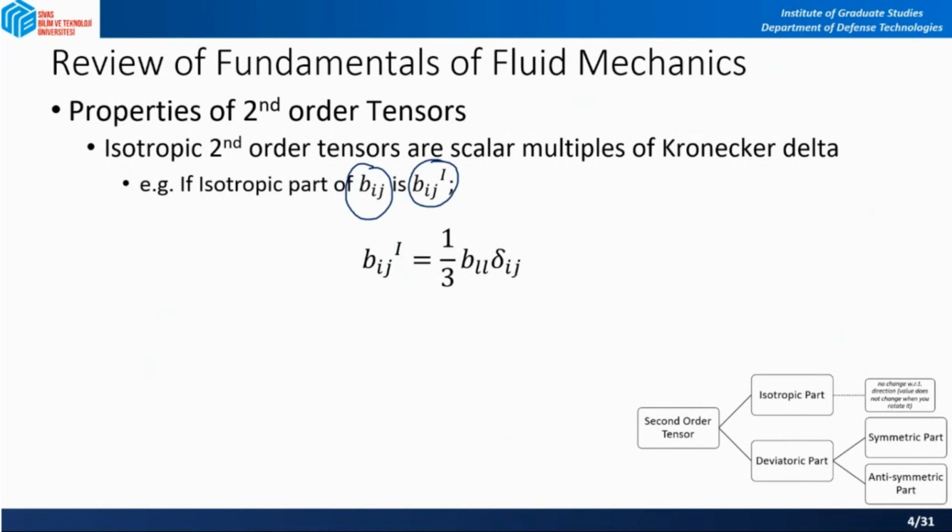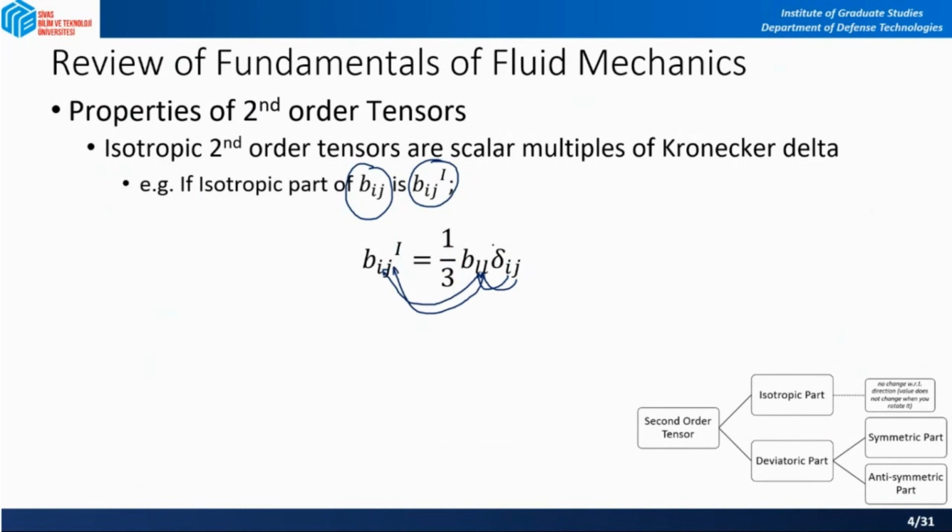So Bll delta ij, this Kronecker delta, remember, was there to just change the indices. So you have two L's in here, so one will be changed to I, and the second one will be changed to J. So you will end up with Bij isotropic.